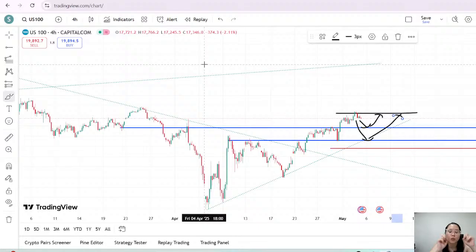US 100 looks like it's a buy, but I dare not say because it's so erratic. Tomorrow the US president might come up with some news and then everything's going to vomit. The three charts that we analyzed are all bullish. We know it's a buy. We just need to make sure the entry is good, the stop loss is good, and the take profit is good.